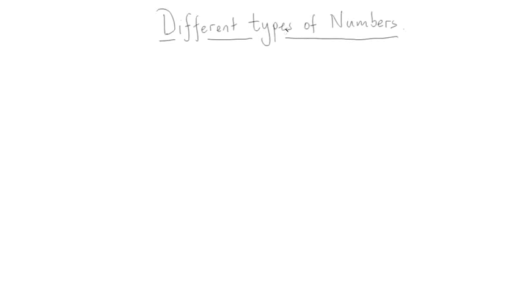Hello, in today's video lesson we are going to talk about different types of numbers. Another word for different types of numbers is the word set.